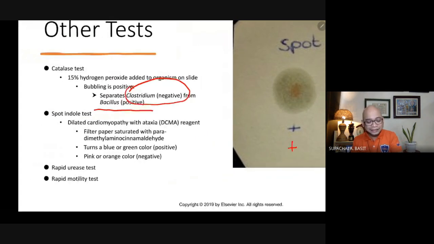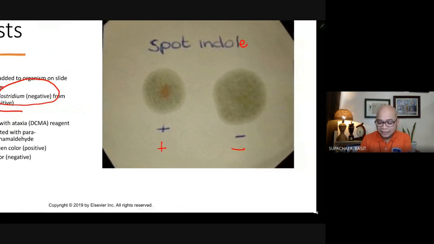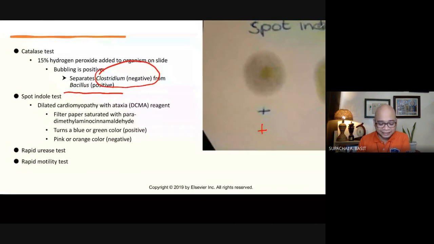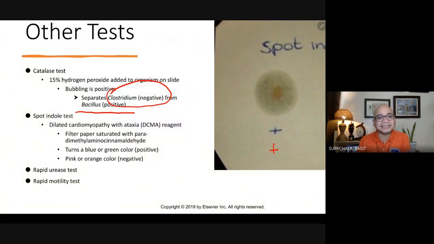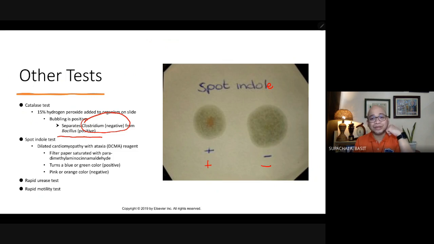In the spot indole test, we use DMACA reagent. We place filter paper saturated with paradimethylaminocinnamaldehyde, and if it turns blue green, that is considered positive, whereas pink or orange is considered negative. Then there are the rapid urease test and rapid motility test. These are the other tests for presumptive identification of anaerobic bacteria.